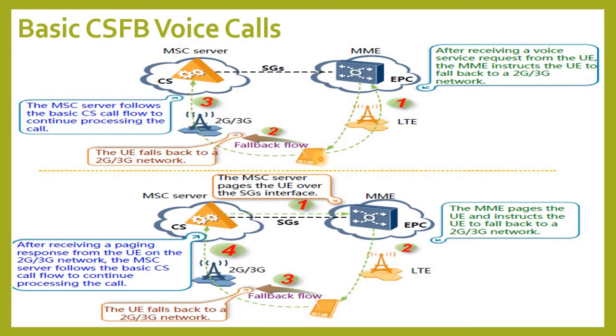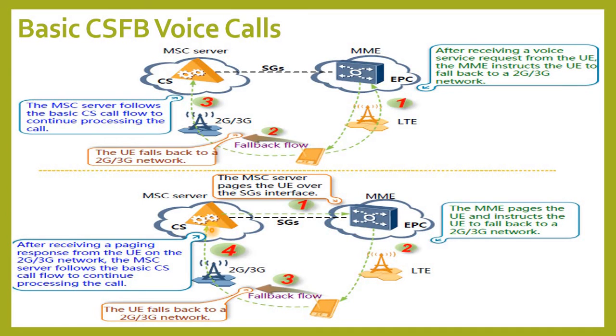Now, if we talk of a mobile terminating call, what happens in that case is that whenever there is a mobile terminating call on the MSC server, the MSC server receives the provide roaming number request.